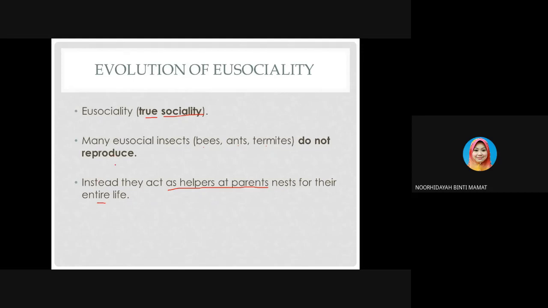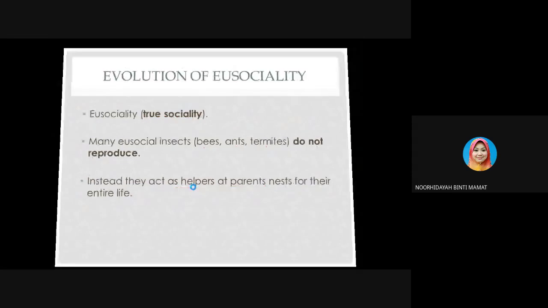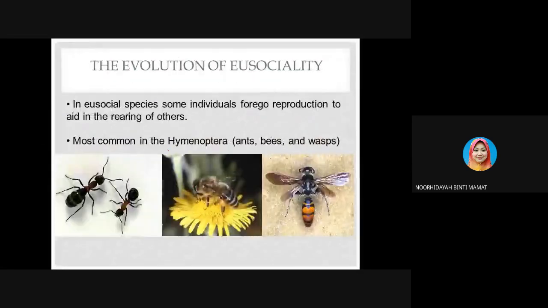In eusocial species, some individuals forgo reproduction to aid in the rearing of others, most commonly in the Hymenoptera, for example ants, bees, and wasps. They forgo their reproduction in order to help their parents rear the others.